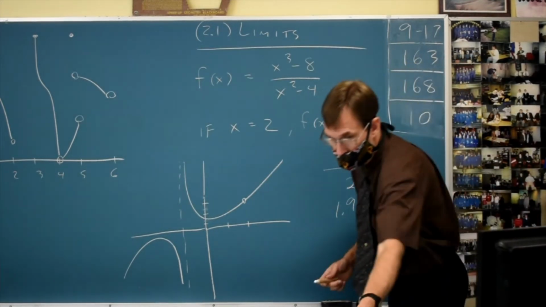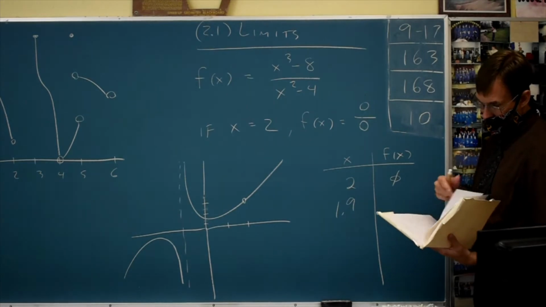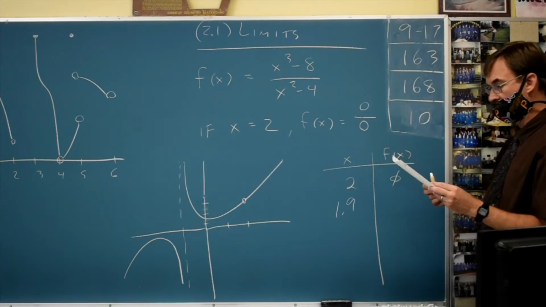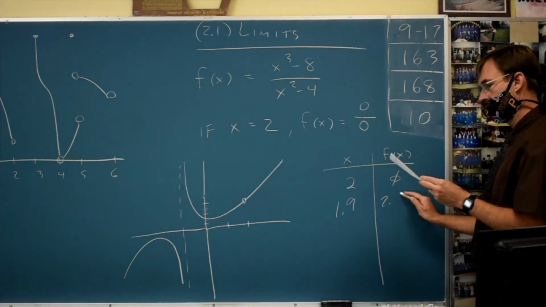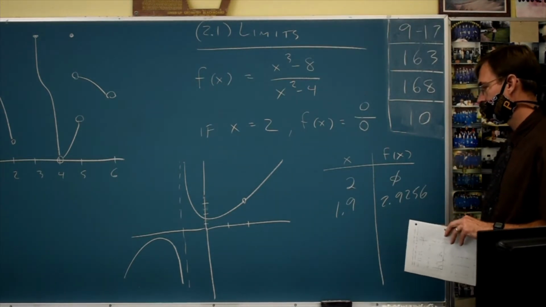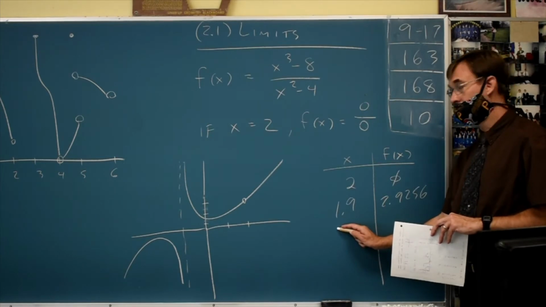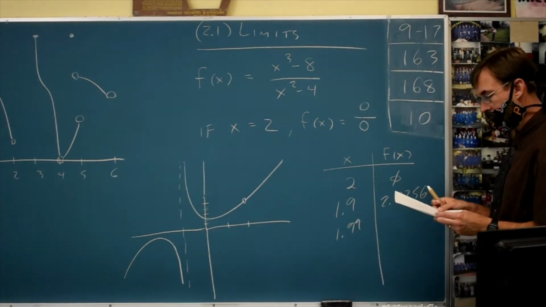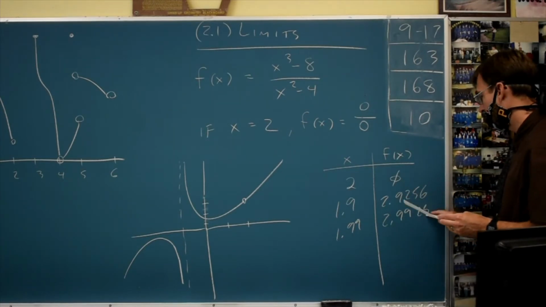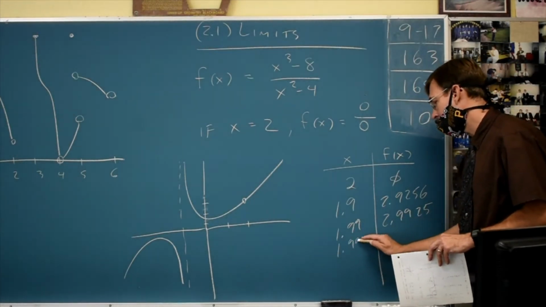If you plug in 1.9, out is going to come, you don't have to do the punching, I've already pre-punched these, 2.9256. And that gives you some idea. Can you pick something better than 1.9? 1.99. 1.99 gives you 2.9925. Did you do better than 1.99? 1.999.